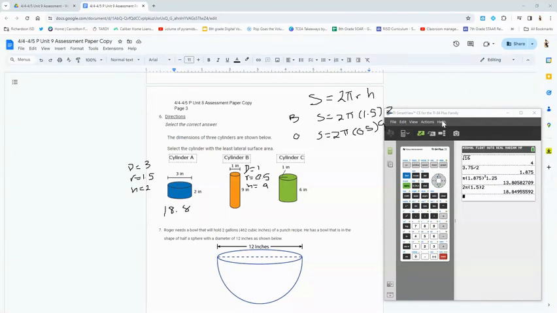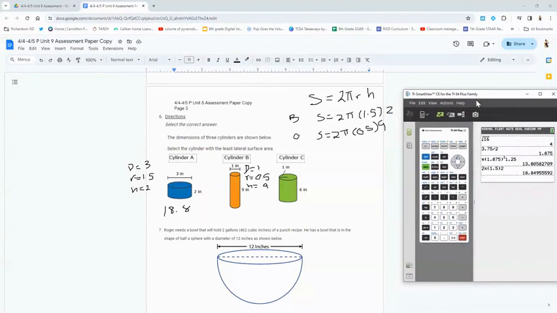I'm going to type this in my calculator: 2, second pi, parentheses 0.5, closing parentheses, 9, enter, and I get 28.274. So I'm going to write that down, 28.3. I'm going to round it to the nearest tenth.